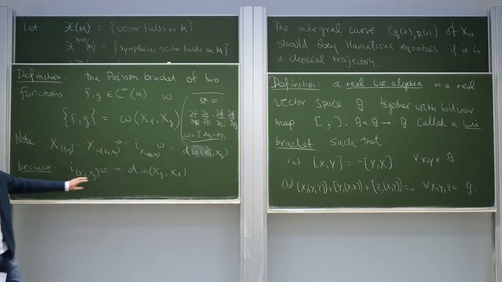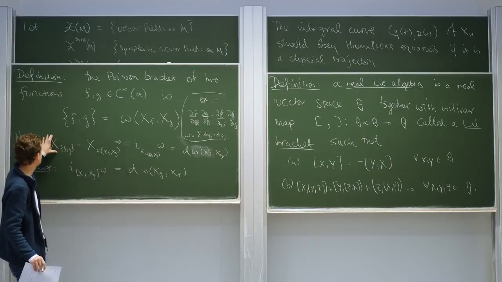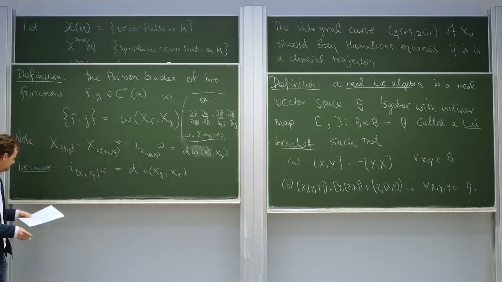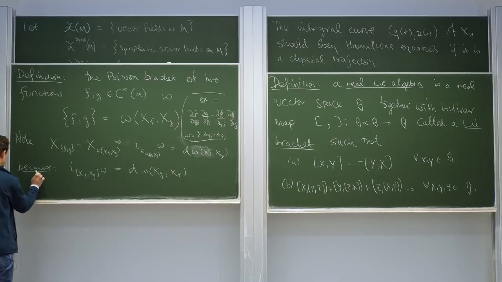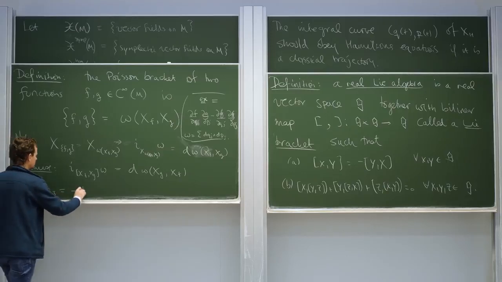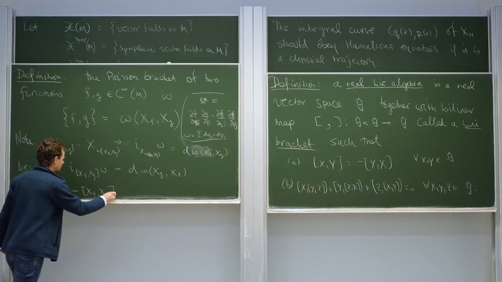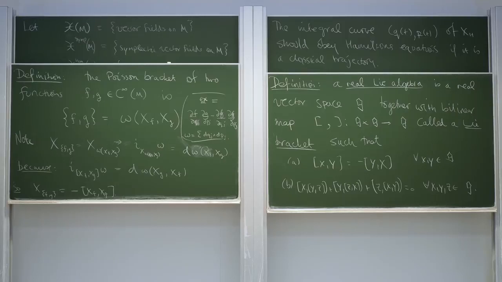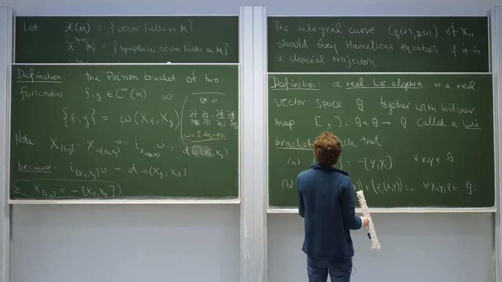And if you compare this formula with this formula, you see that X must be the commutator of the Hamiltonian vector fields of f and g, or in fact the minus of the commutator. It also generalizes what you know from classical mechanics.